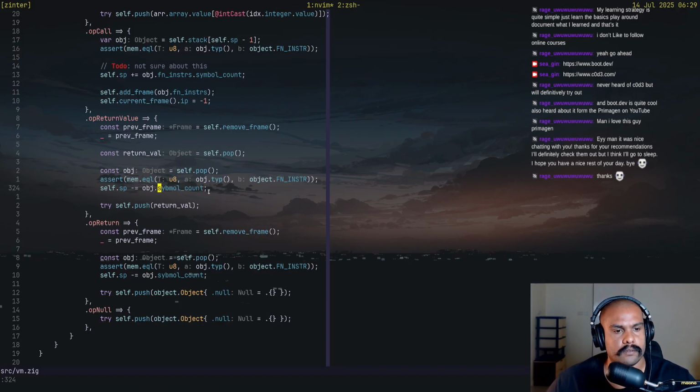Minus equals instruction dot sym symbol count.